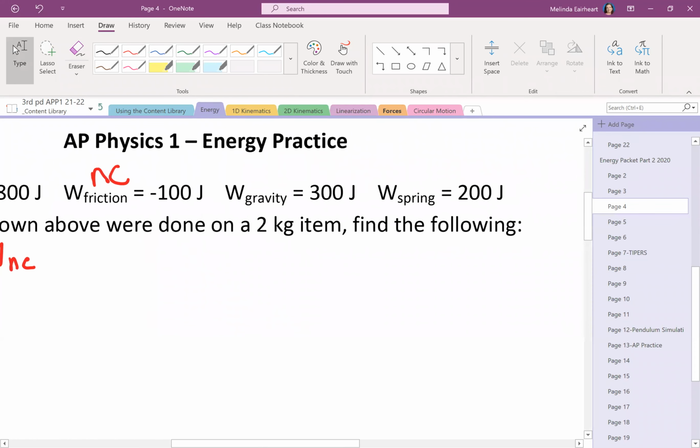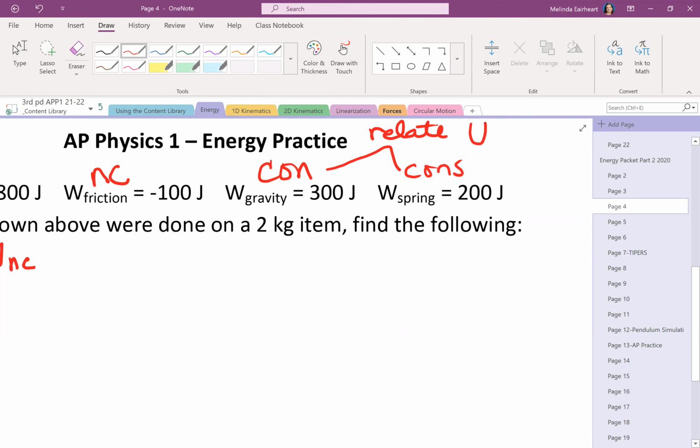And then we have gravity, which is conservative. And we've got a spring, or sometimes you see it as elastic. That would be considered conservative. And just a friendly reminder, these two relate to a potential energy, okay? We don't have a tension potential energy. We don't have an applied potential energy, right?